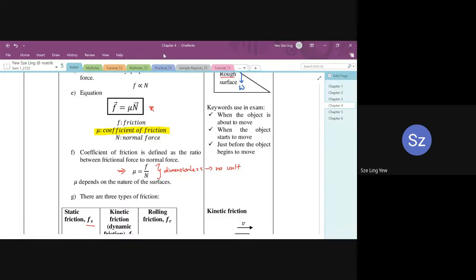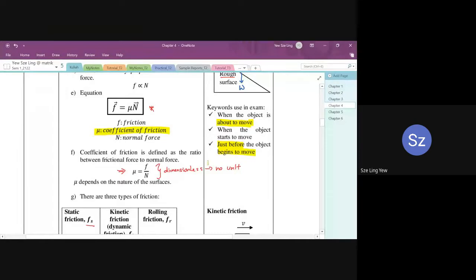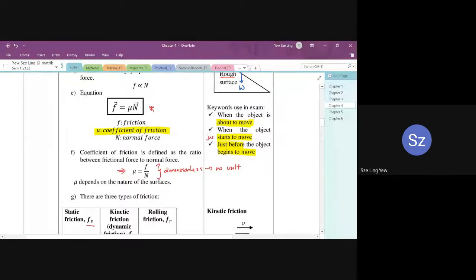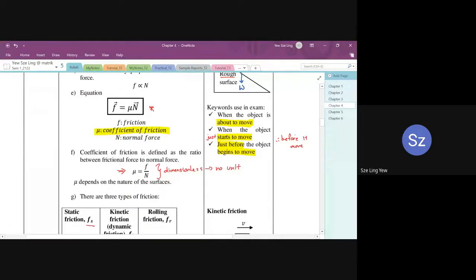It is very important to know which friction you are looking at, because sometimes questions will give you both the coefficient of static friction and the coefficient of kinetic friction, and you yourself have to know which one to use in your solution.